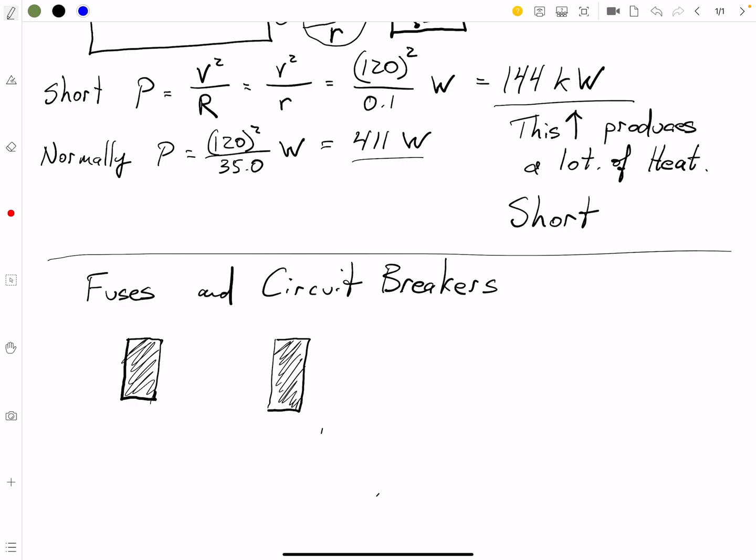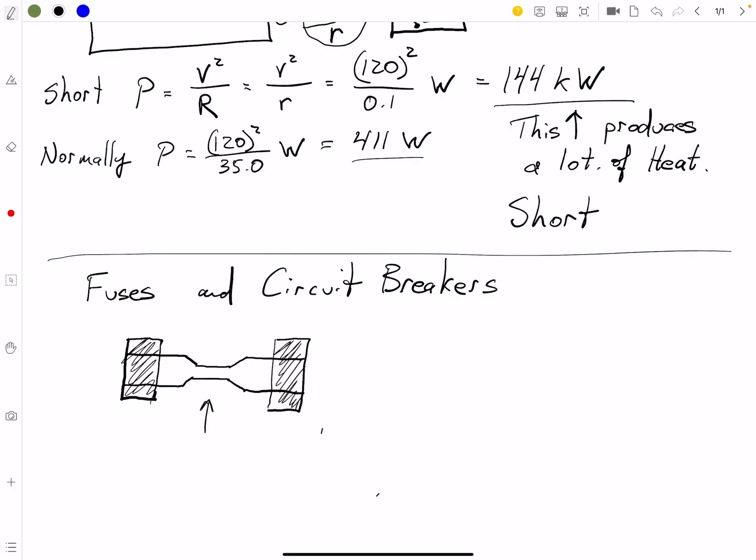And then inside the fuse, there's this section where only so much current can go through.